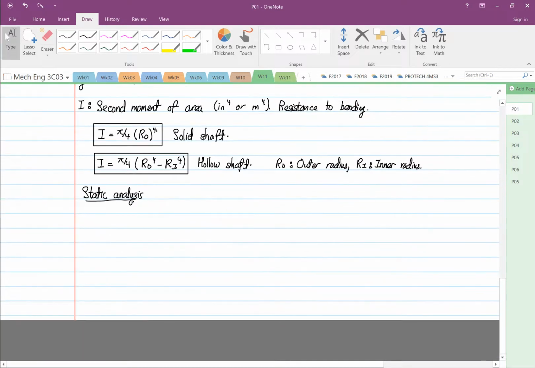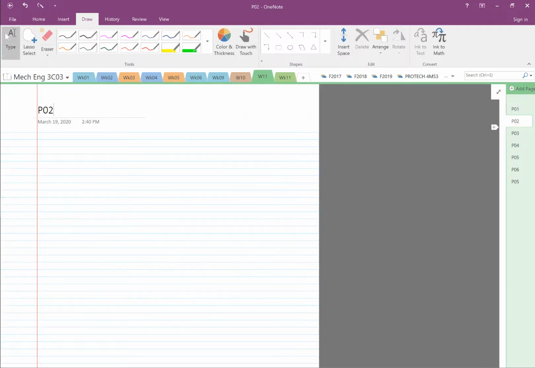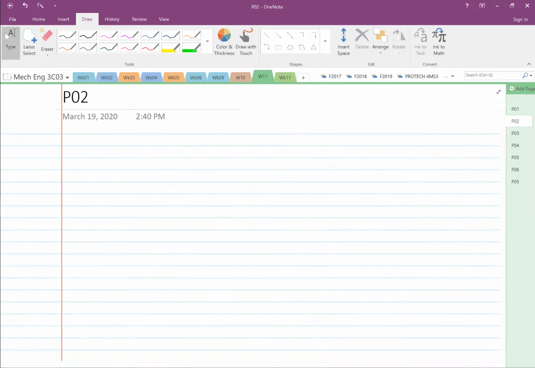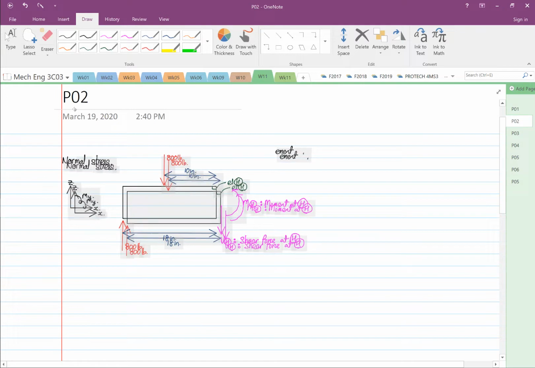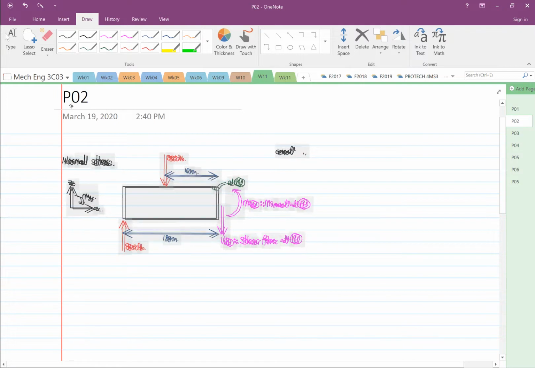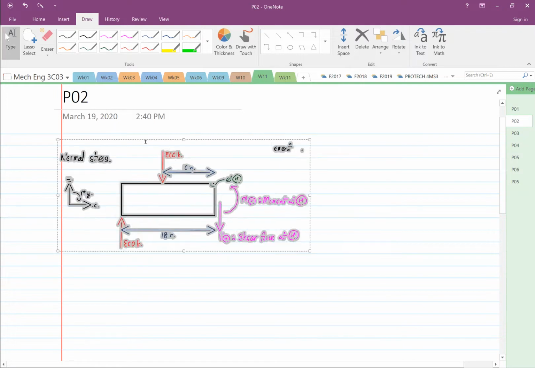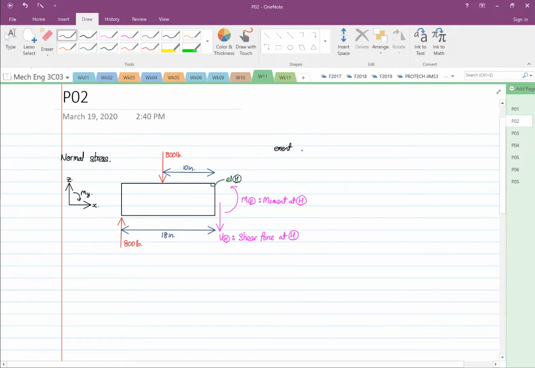So we are going to paste. Alright, so we're going to do static analysis.